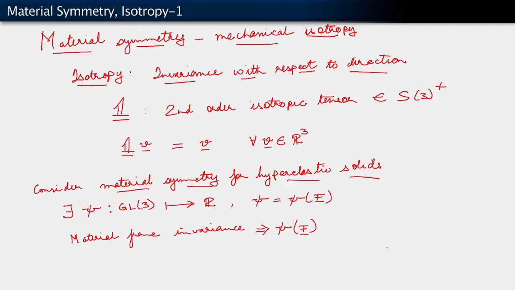We know that material frame invariance says that this function psi of F can be a function of F only through its stretch tensor, through the right stretch tensor. And in fact, once we make that observation, we immediately have these other representations for it, in terms of the right Cauchy-Green tensor, or in terms of the Lagrange strain tensor. Okay, so this is where we are starting. So let's draw a picture for what we will need here.